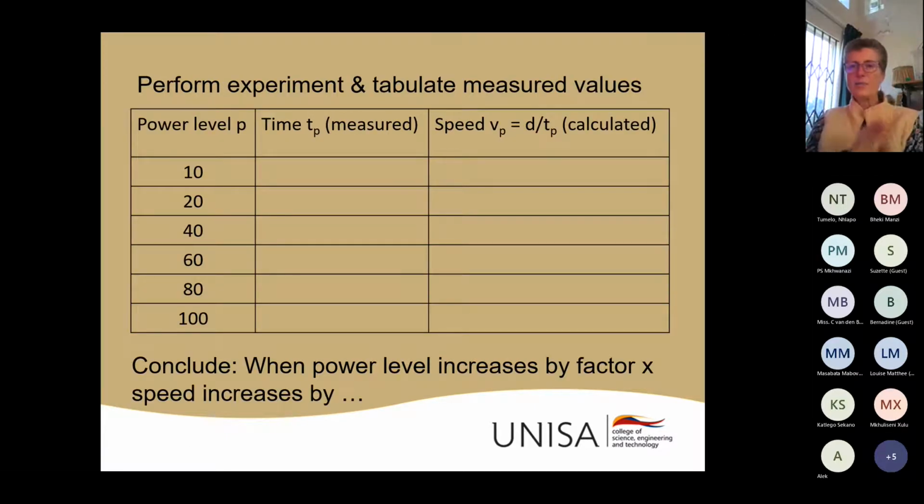Tabulate it, put it in a table, and a good idea is always to graph it. You'll see that you've got the same distance, but the time you take differs with the different power levels, and then you get the speed. Your time is going to decrease, so your speed will increase. So there's a really cool experiment you can do.